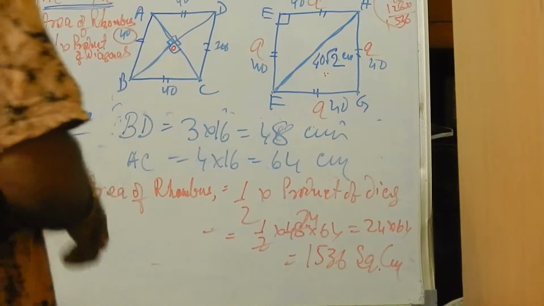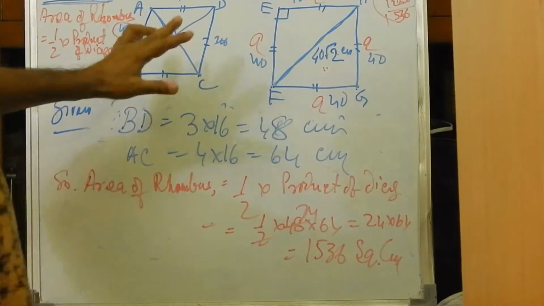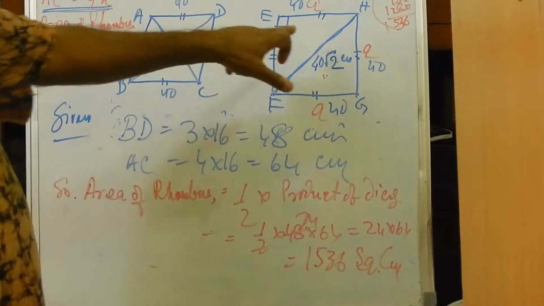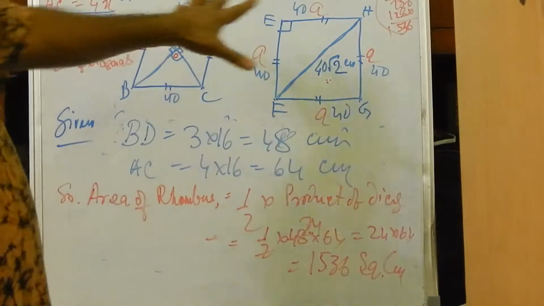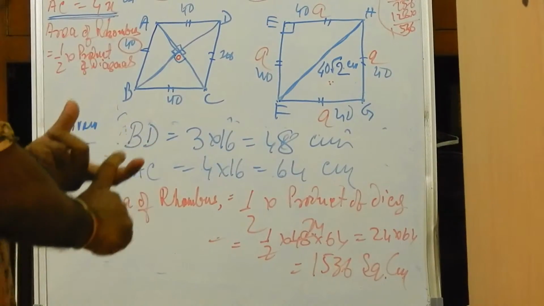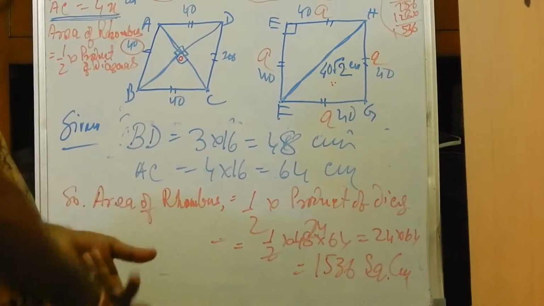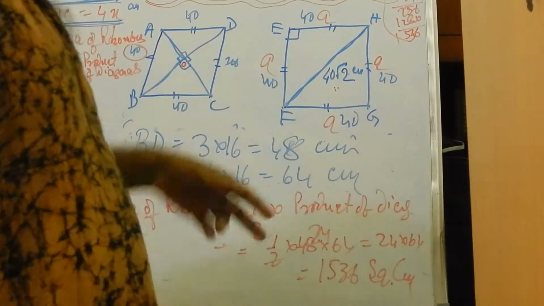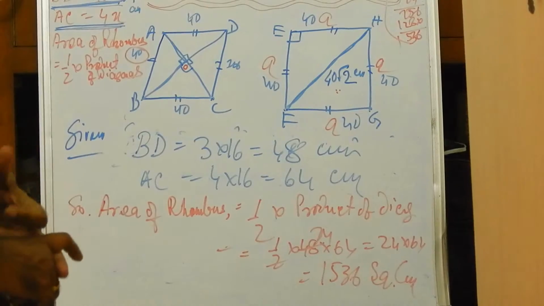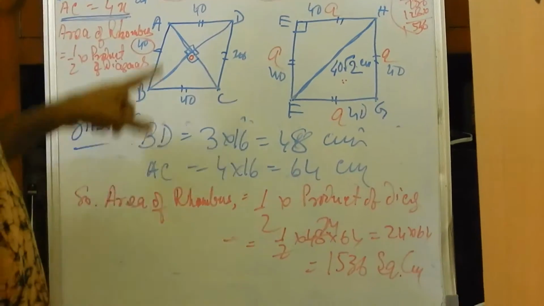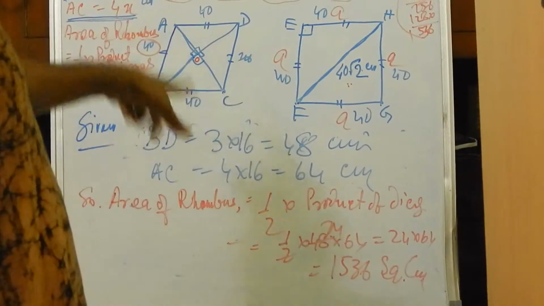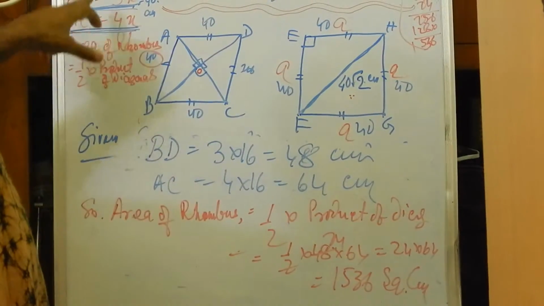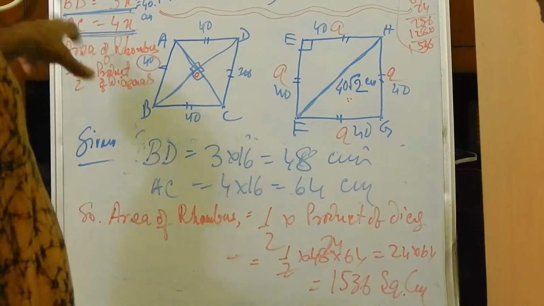I think there is no confusion. I again repeat the whole sum once again. Here is a rhombus, here is a square. Both of them have equal length. It was given, number one clue. Second one was the diagonal of the square was 40 root 2 centimeter, and the third clue was the length of the diagonals of the rhombus was in the ratio 3:4.